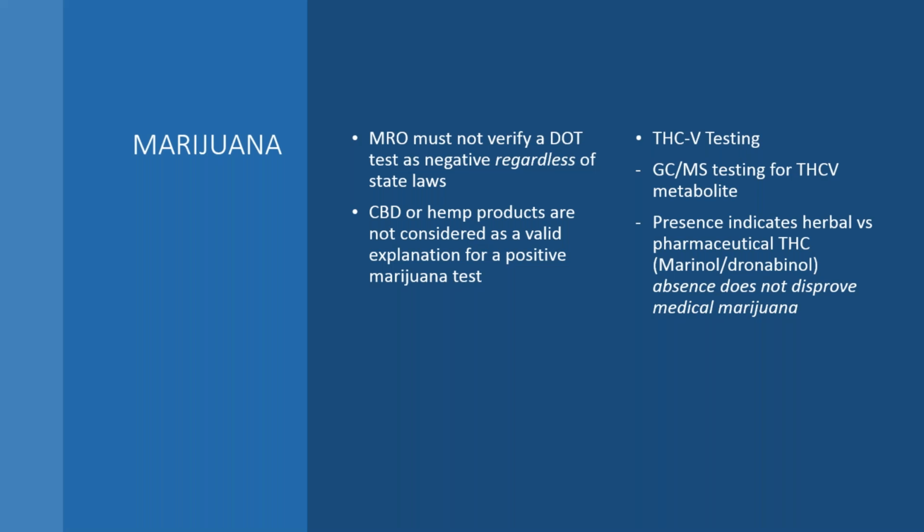If that is present, that would be acceptable in terms of an MRO. So the absence does not disprove medical marijuana, but these are things you need to be very cognizant of and aware of in terms of medical marijuana and the CBD products. But again, if it's a pharmaceutical that shows up, that's a whole different animal.